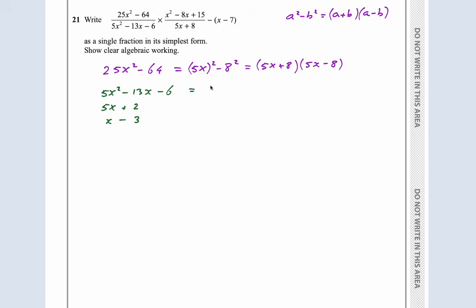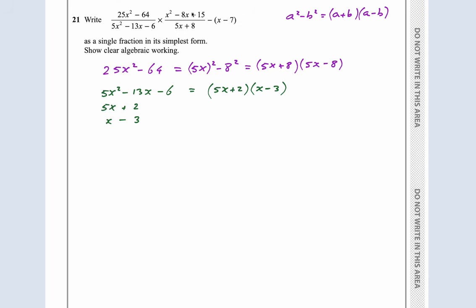So this is 5x plus 2 times x minus 3. Obviously, guys, if you don't know how to do this, factorizing quadratics is very difficult, and there are lots of different methods. Go and revisit a lesson on how to do that. Anyway, that's how you factorize this quadratic.